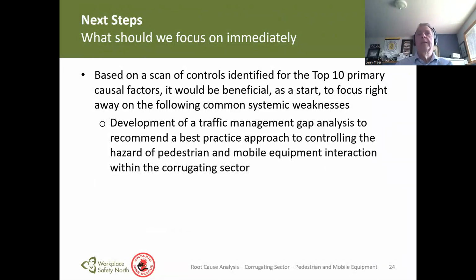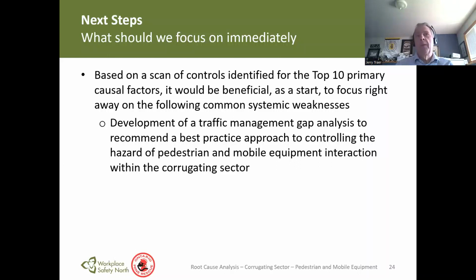One of those was the development of a traffic management gap analysis to recommend a best practice approach of controlling hazards of pedestrian mobile equipment interaction within the corrugating sector. So it provides an opportunity for workplaces to do this analysis, or for WSN to lead this, to be able to gauge where companies are with their traffic management and try to move towards getting people more aligned with a best practice approach to traffic management.